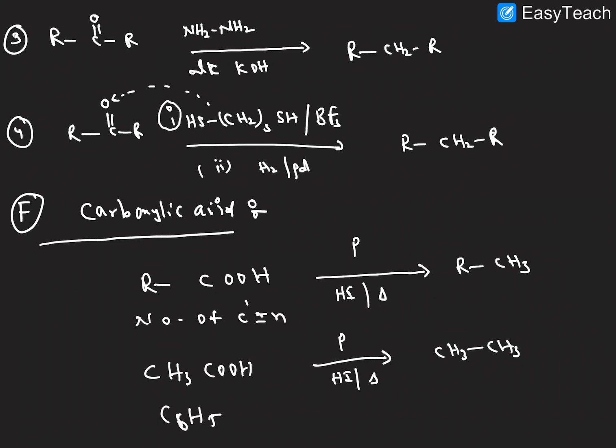C6H5COOH. In the presence of these reagents it converts into toluene, that is C6H5CH3. So this is from carboxylic acids. How to convert a carboxylic acid to a hydrocarbon? By using red phosphorus and HI in the presence of heating.